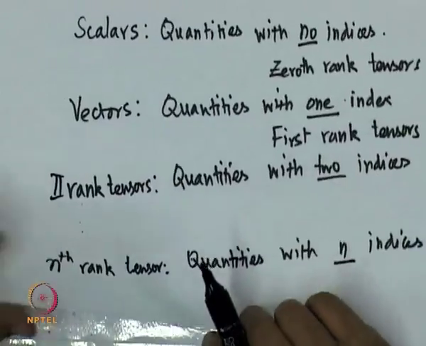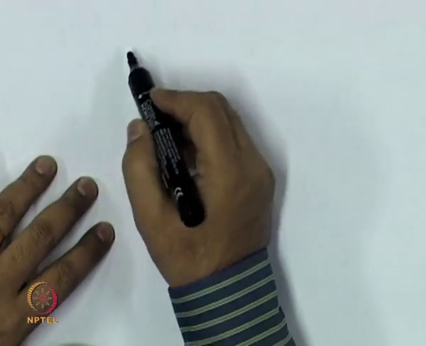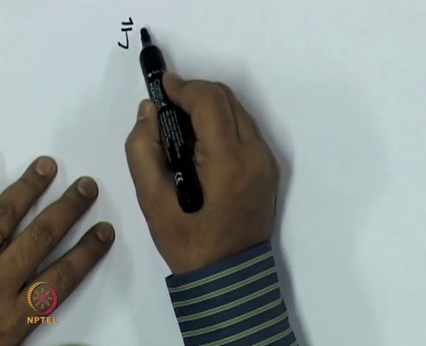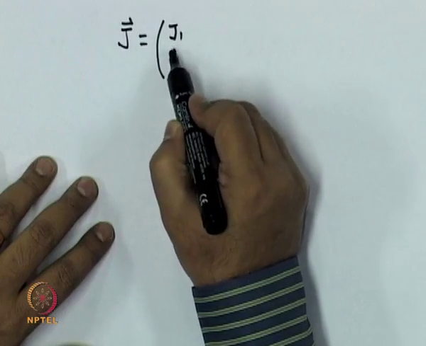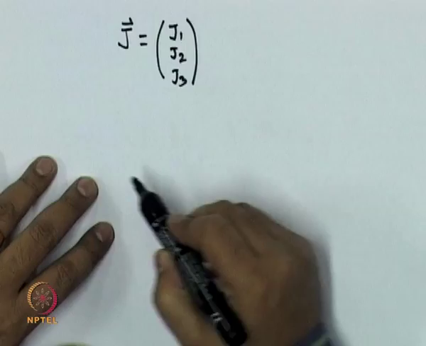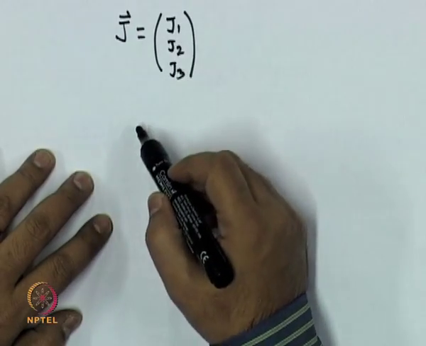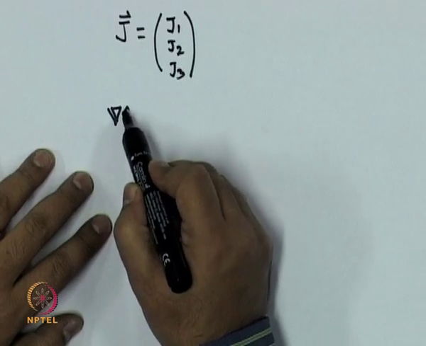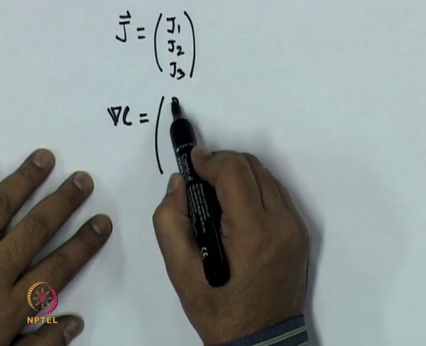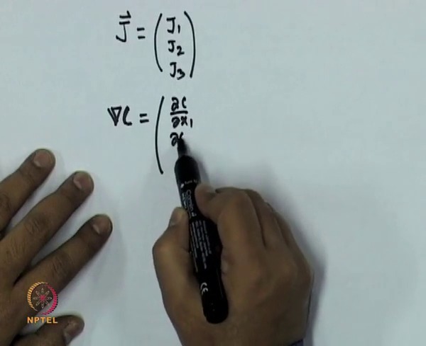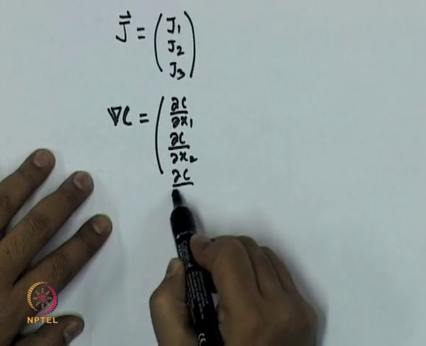Now, when you have this notion, then it is easier to see why one can expect the diffusivity to be a second rank tensor, right. So, for example, let us go back and see what it is. Let me say that the j vector is nothing but j1, j2, j3. I am living in 3-dimensional space, the flux is in the 3-dimensional space, so that is j1, j2, j3. Now, del c, which is the composition gradient, is nothing but dou c by dou x1, dou c by dou x2, dou c by dou x3.